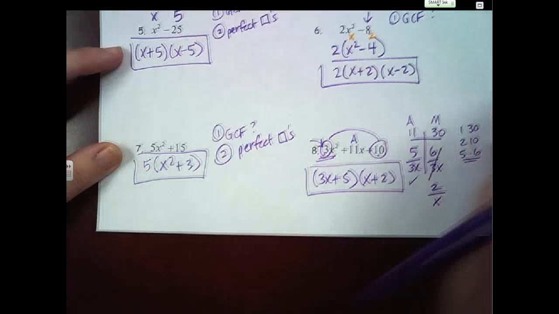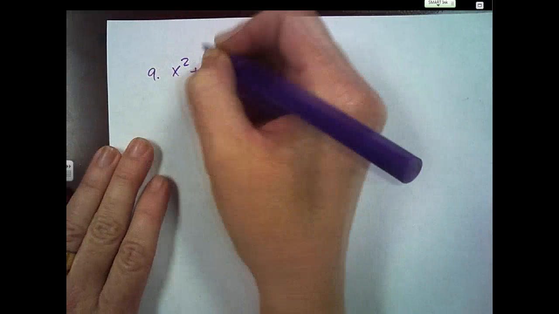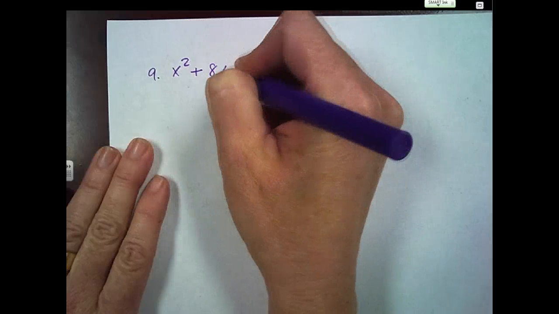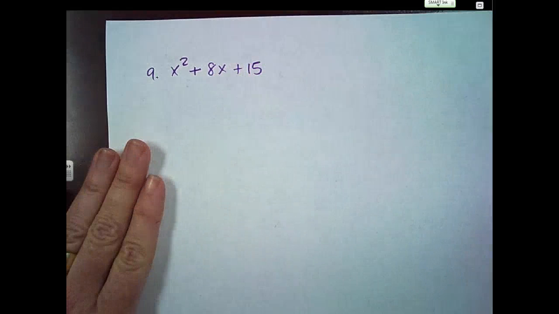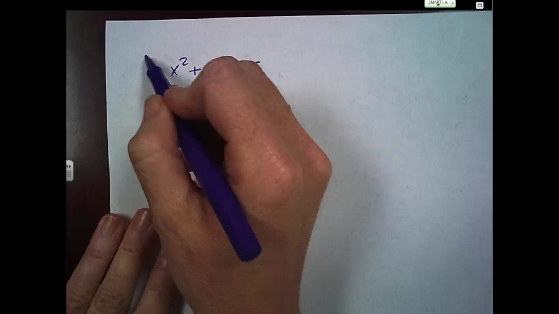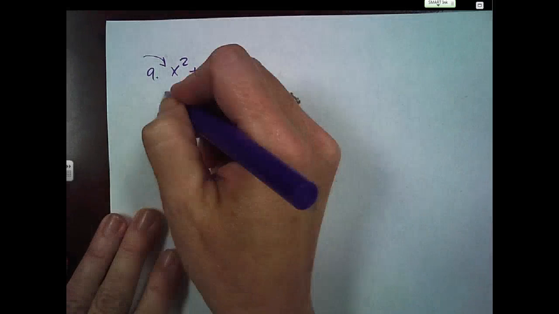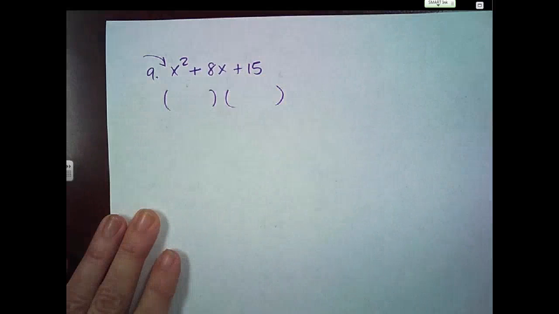Okay, now we have one last problem, number 9. x squared plus 8x plus 15. This is another easy problem because it does not have a leading coefficient. When you don't have a leading coefficient, just set yourself up a set of parentheses.